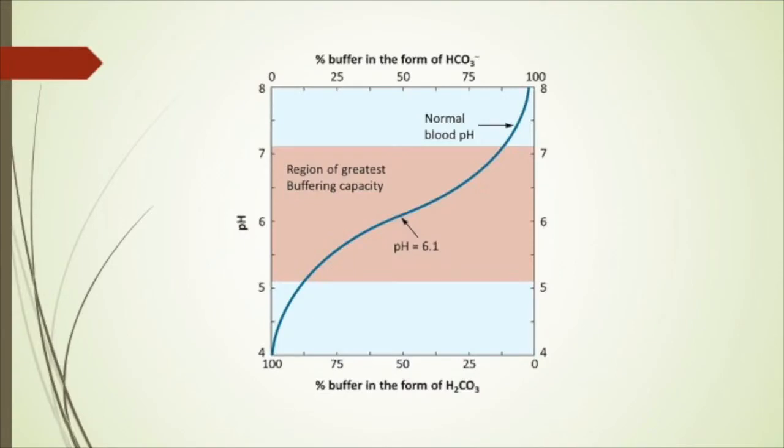And this is the graph that shows you how the buffering system works in your blood. If you have a normal pH, you want it to remain at that pH, and your buffering capacity, this is your percent of buffer in the form of H2CO3, wants it to remain at that pH.